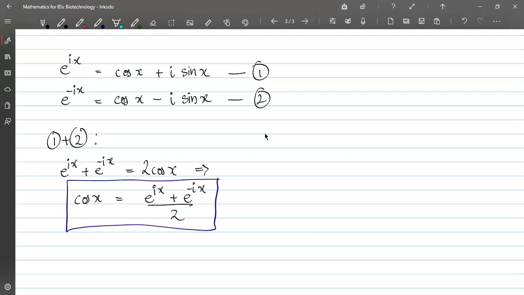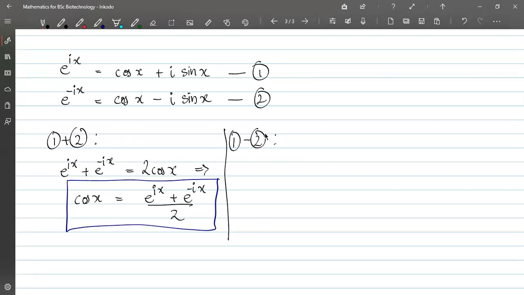I hope you found the answer by yourself. What you need to do is subtract. One thing you can do is take this cos x expression and substitute it here, but that's just going to be a slightly tedious calculation. Instead, you can very easily subtract the second equation from the first equation.